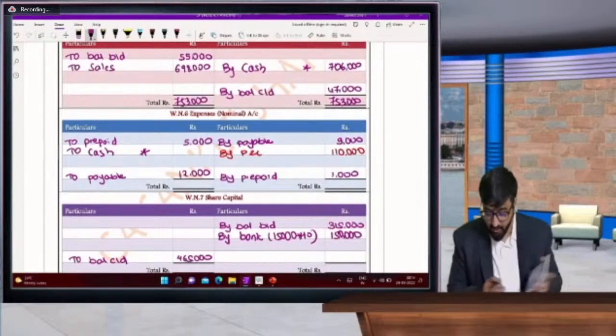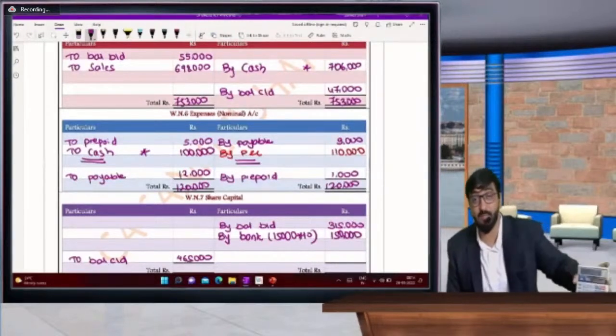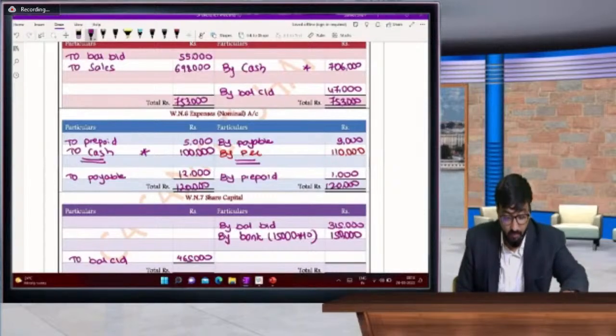So 7,06,000. Then to cash 1,20,000 and expense paid. See, now this is payment and 1,10,000 is accrued. So expenses is showing. So you got the concept. This is paid versus accrued. Sorry, my mistake: this is 1,03,000.